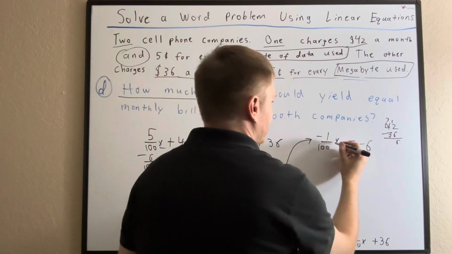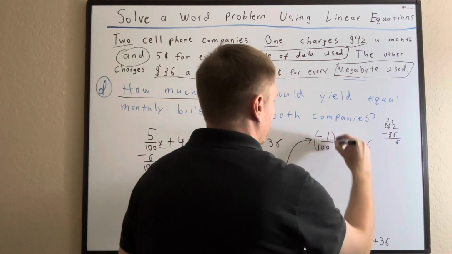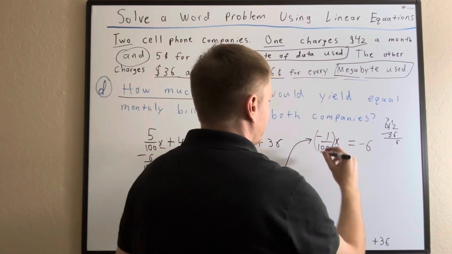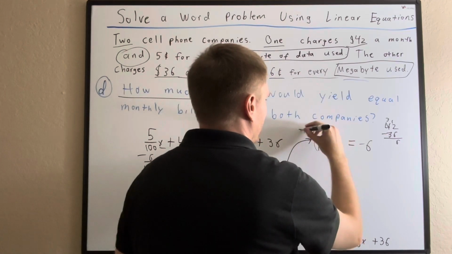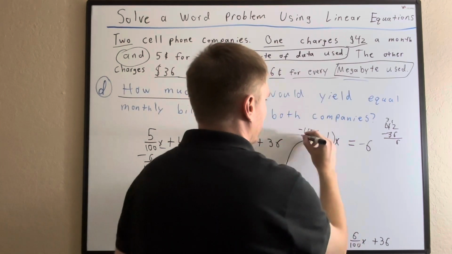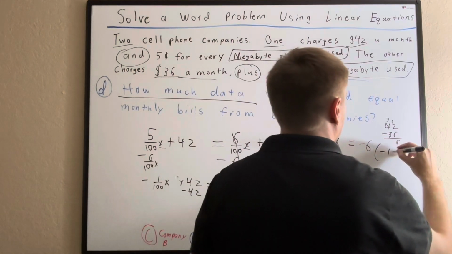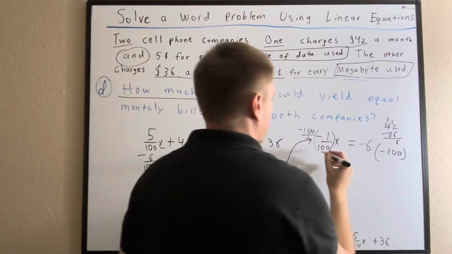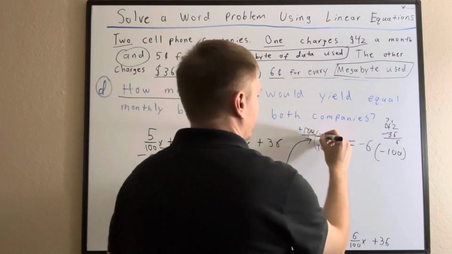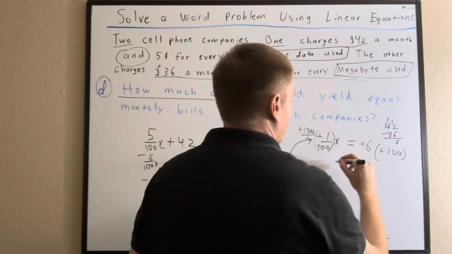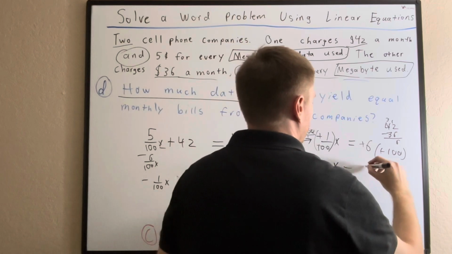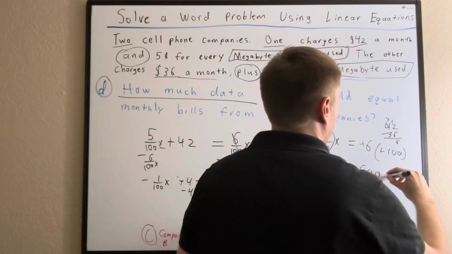So to get x by itself, we got to multiply both sides by negative 100. Wow, okay. Cancels, doof doof. Double negative becomes a positive, and 6 times 100 is 600.